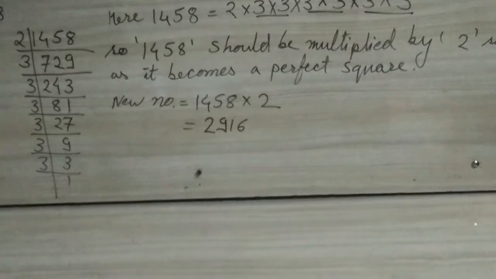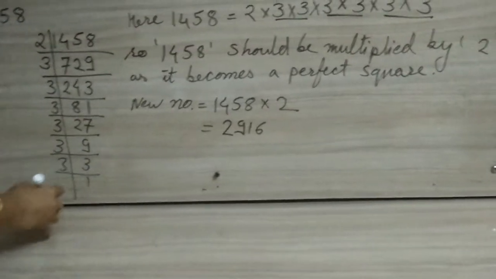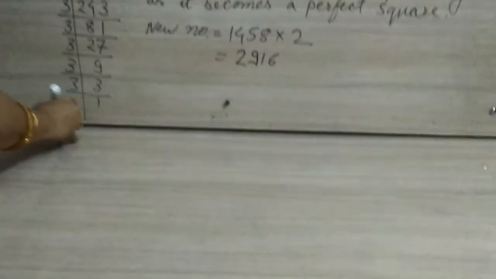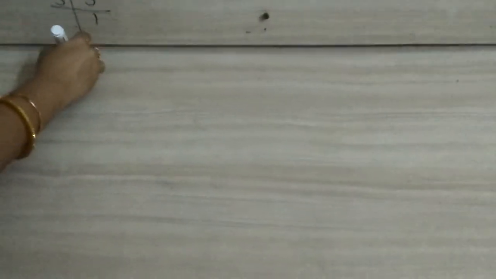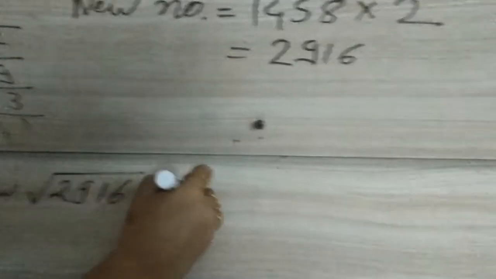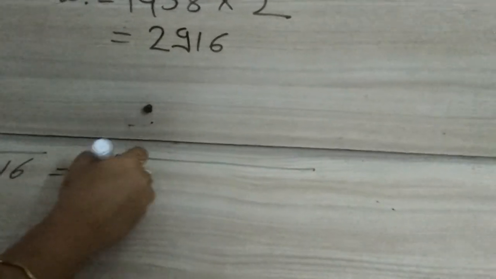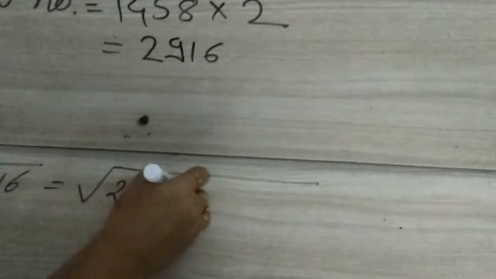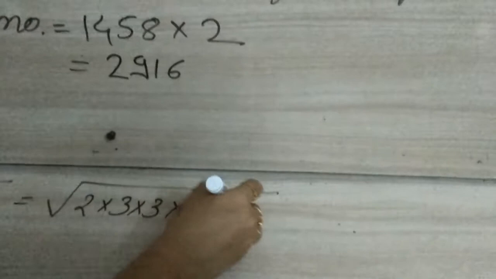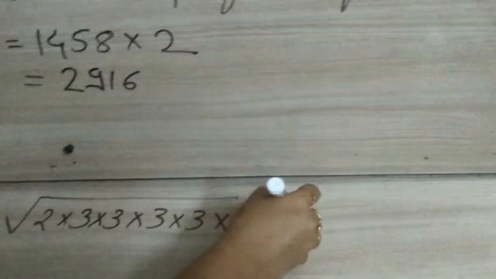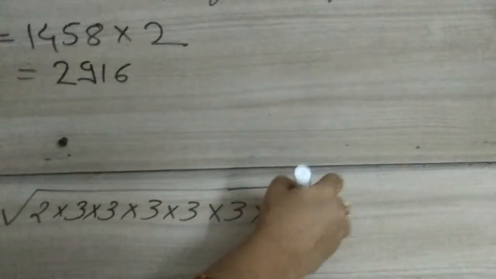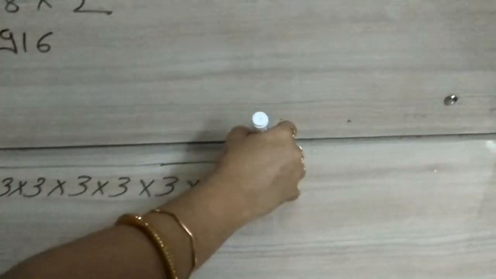So what will happen here? Now square root of 2916 is equals to, again we will use the logic. So what it will become? It will become 2 into 3 into 3 into 3 into 3 into 3 into, we have multiplied by 1 extra 2.